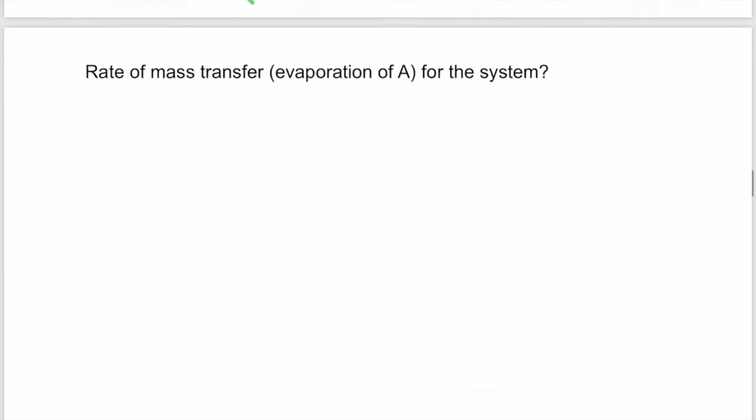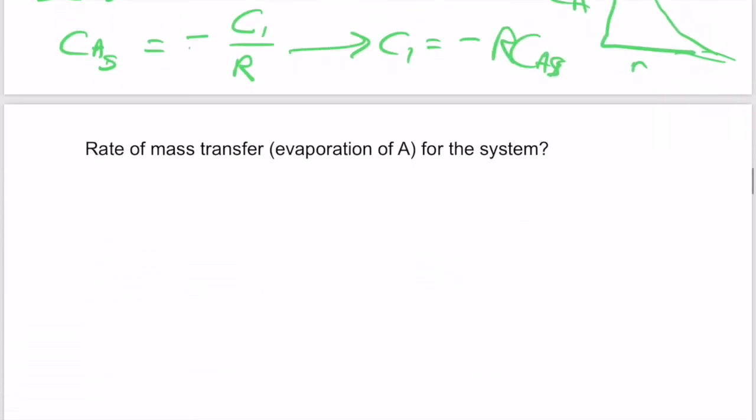Okay, then she took this equation. Let me rewrite it here because I've lost it. CA equals CA surface times big R over little r. She took this equation to calculate the rate of mass transfer.